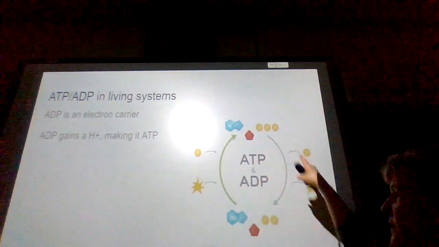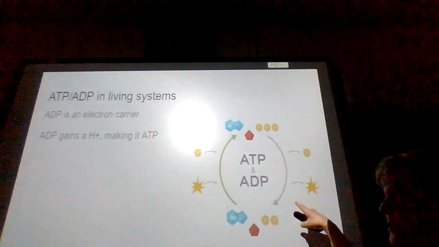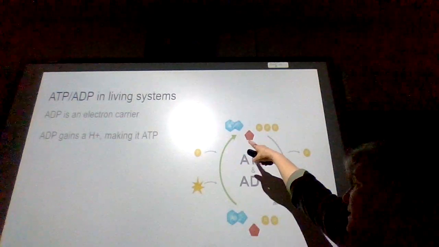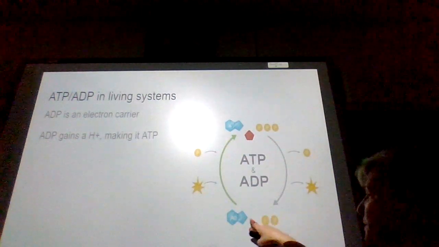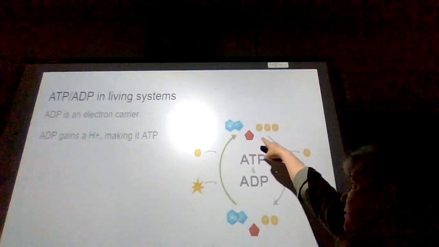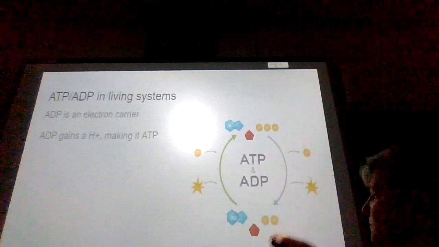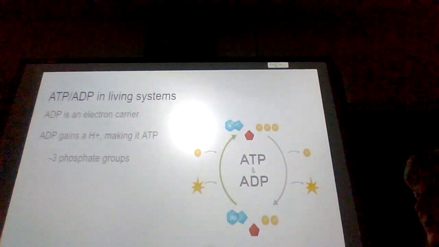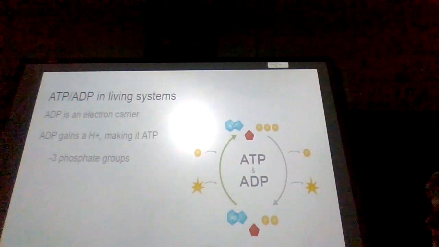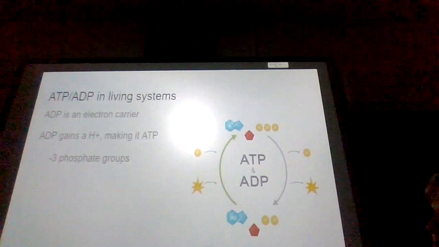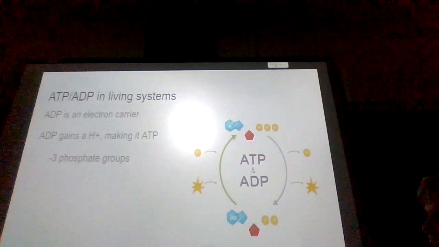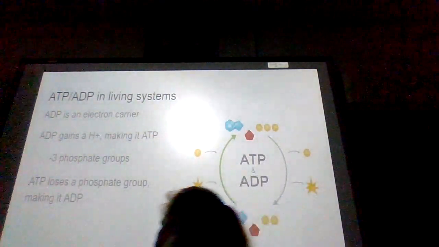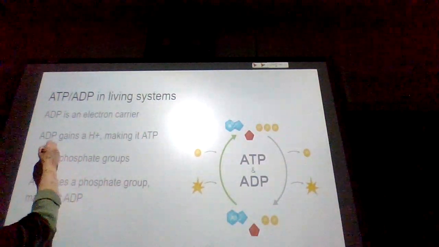Most things in biology tend to be cyclical. So your ADP can make ATP, ATP is used, it goes back to ADP, ADP gets reloaded, it gets used, and goes back. It just keeps going round and round. I read that wrong. ATP has 3 phosphate groups, so you might want to clarify that.